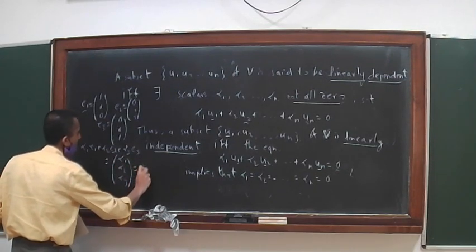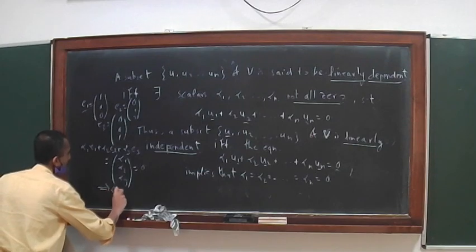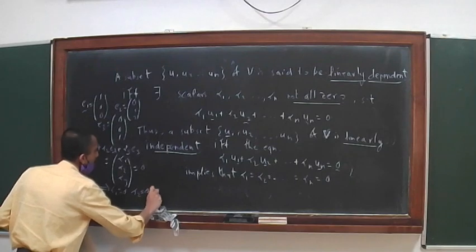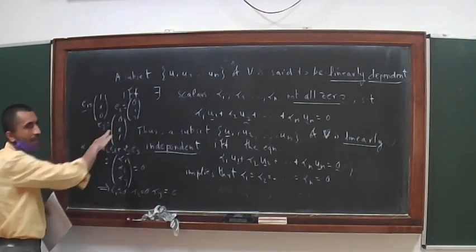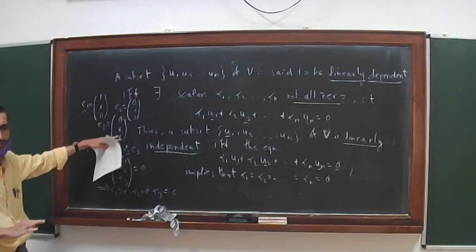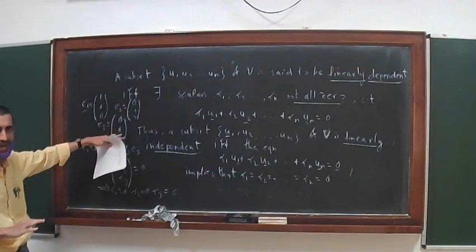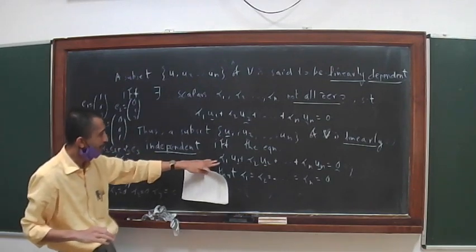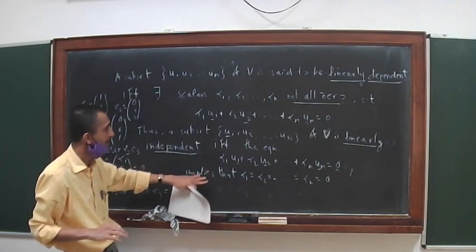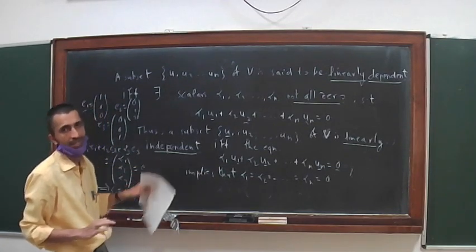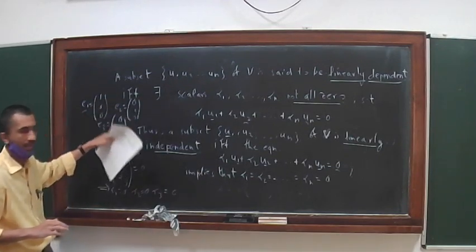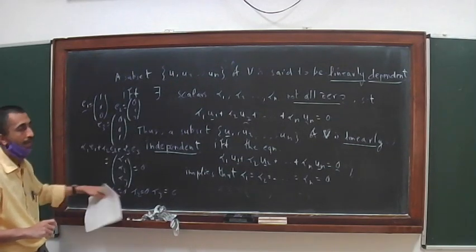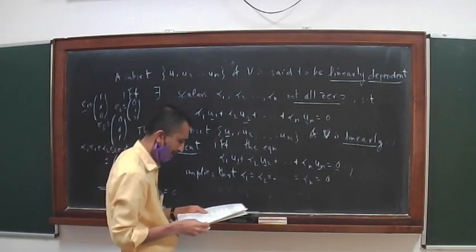If this is equal to 0, then alpha 1 is equal to 0, alpha 2 is equal to 0, and alpha 3 is equal to 0. This is a very simple example to show what we mean by linear independence. So E1, E2, E3 are linearly independent. If we form this equation and it implies that each of the constants is 0, then they are linearly independent. We have shown that they are linearly independent by showing that this property is satisfied.